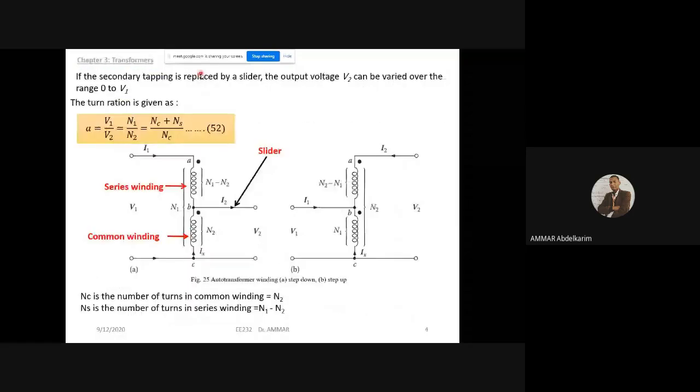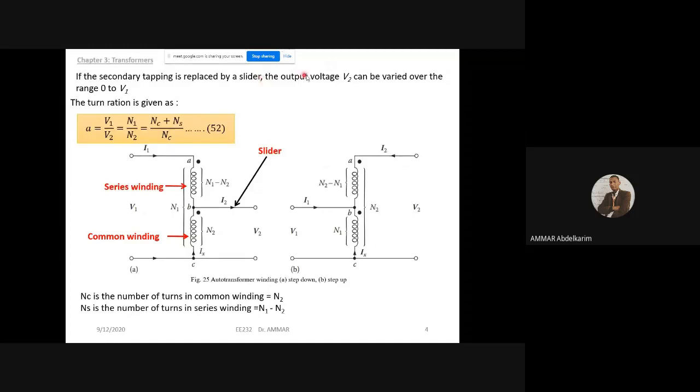If we put a slider at this point, we can obtain a variable voltage. So this auto transformer can provide different voltage values.